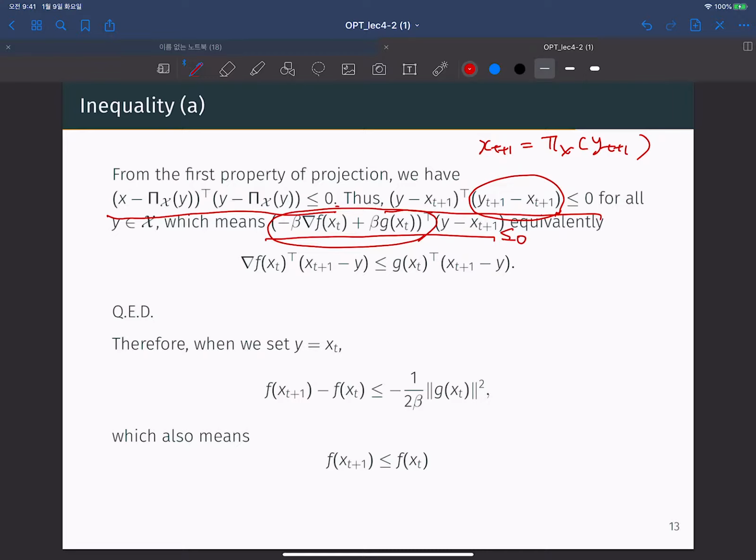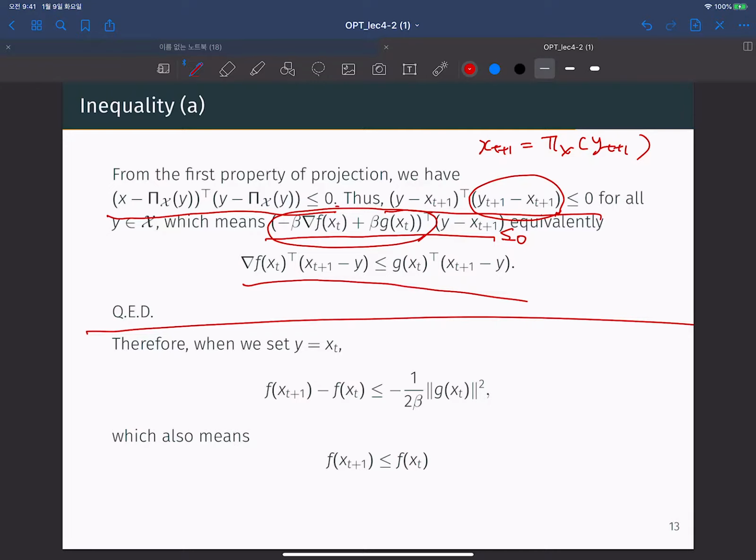So from this, you can conclude this: the gradient of f(x_t) transpose times (x_{t+1} minus y) is less than or equal to G(x_t) transpose times (x_{t+1} minus y). Okay, that's it.